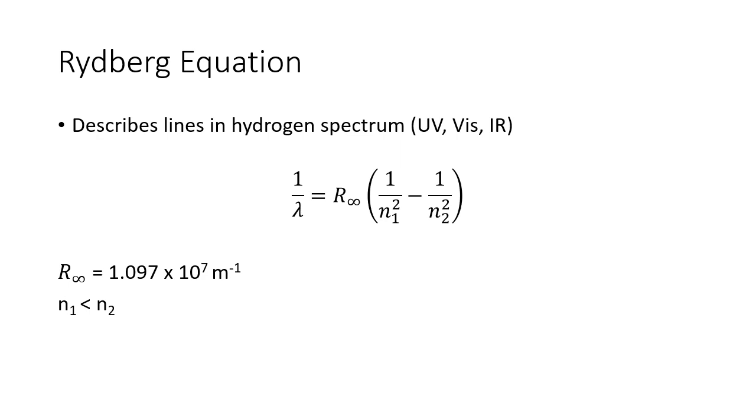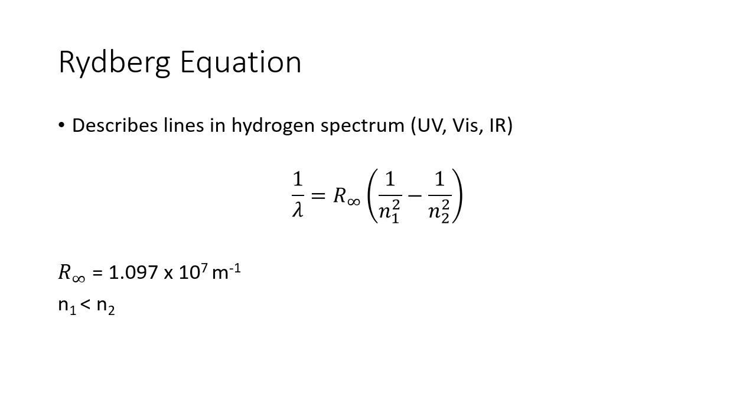Other experiments were used to get the spectral lines for hydrogen in the UV and the IR regions. And from that information, Johannes Rydberg derived an empirical equation to describe all of the lines, UV, visible, and IR. This equation can be used for any lines generated by hydrogen.